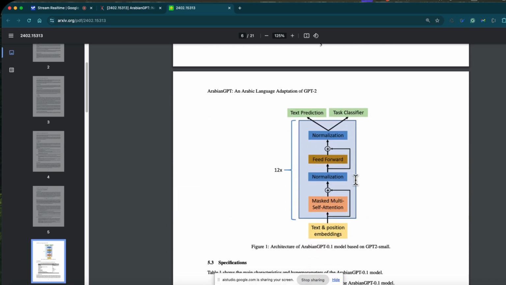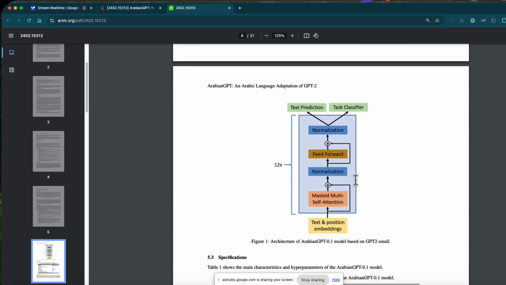And what about this picture, this figure number one? Okay, I see figure 1. It depicts the architecture of the Arabian GPT 0.1 model. In the diagram, there are 5 blocks labeled text and position embeddings, masked multi-self-attention, 2 normalization blocks, and 1 feed-forward block. The blocks are connected by arrows, showing the direction in which the data flows.